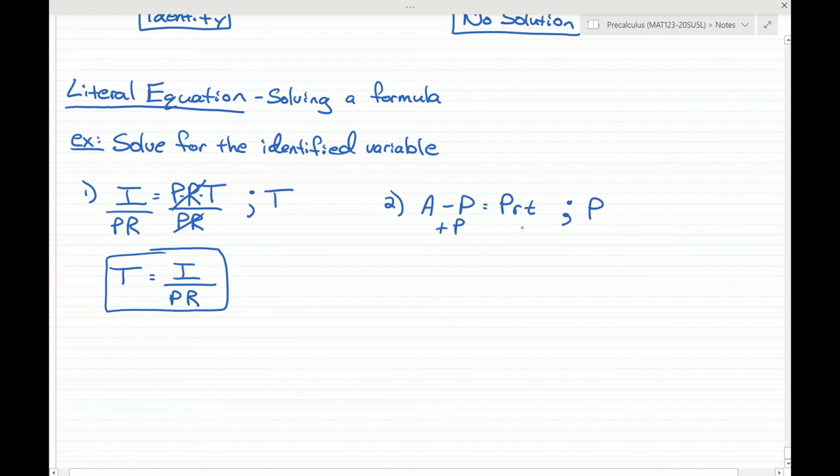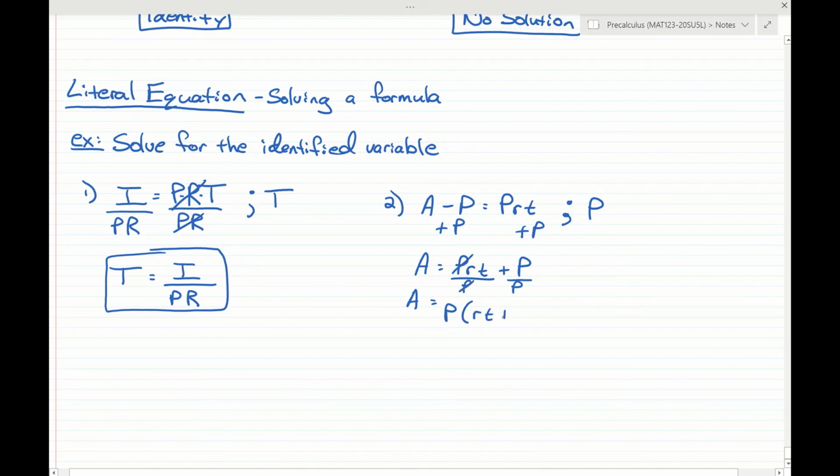So I'm going to add P to both sides, and we get A is equal to P R T plus P. Well, we have two terms with P in it. So the most important thing in math is factor. We could actually take out a GCF of P. What that means is just divide P out of both of those terms.